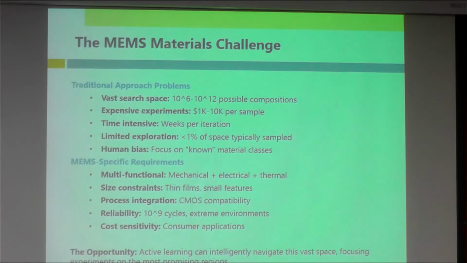And of course, if you have active learning, this might be simpler in comparison with trial and error development. And size constraint: thin film and small features. In this manner, it might have different properties in comparison with the bulk material. And the small features, as we learned before, will have certain properties that might be different according to the scaling laws.